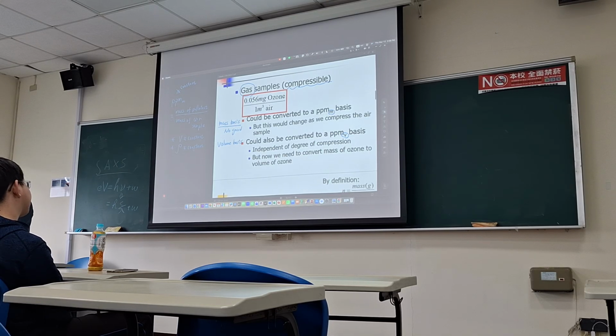So everyone okay with that? May I remove this? So for the volume basis, the ppm V equals the volume of pollutant over the volume of air sample.